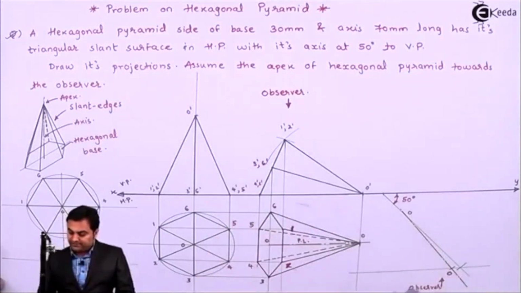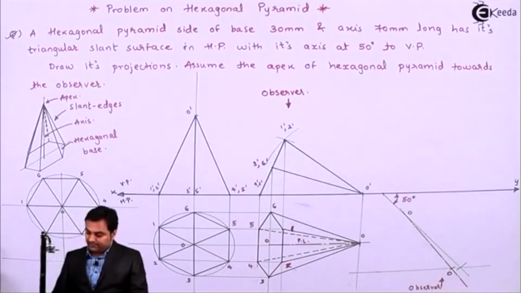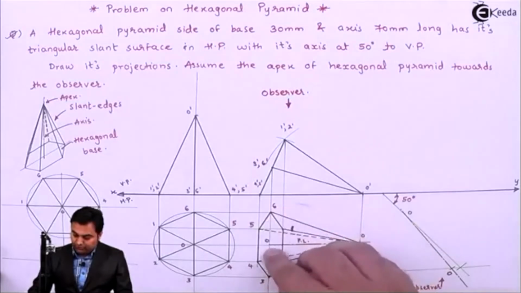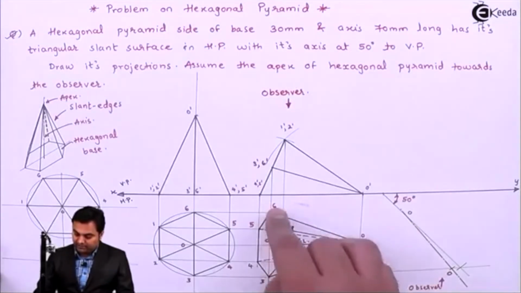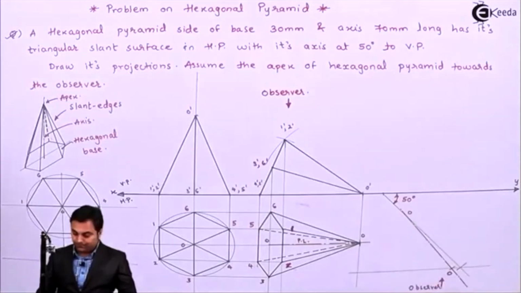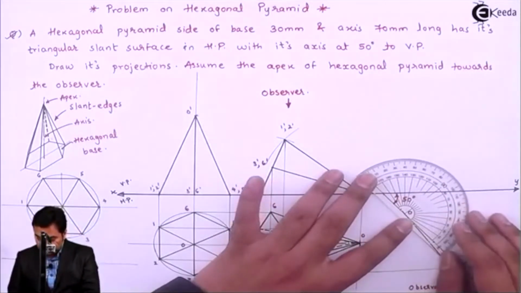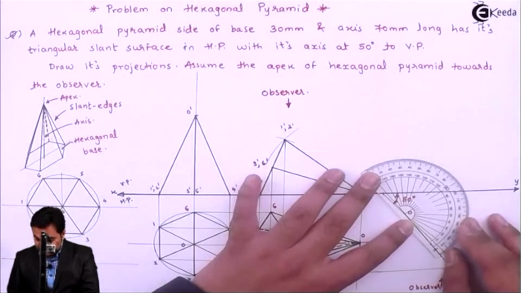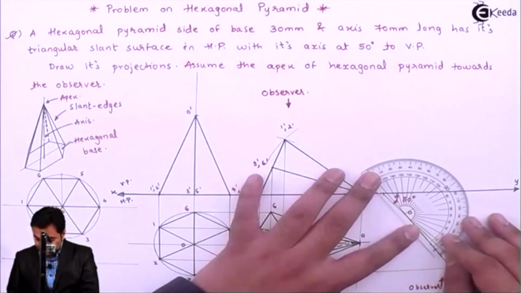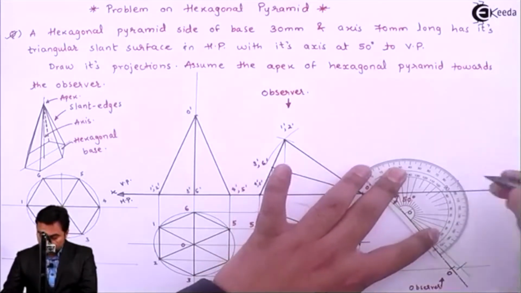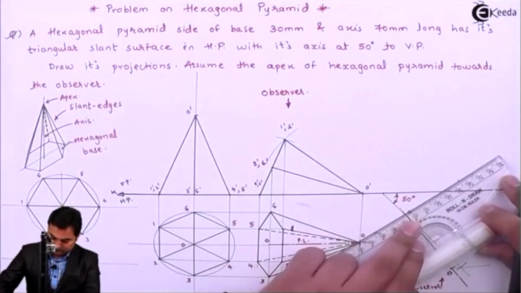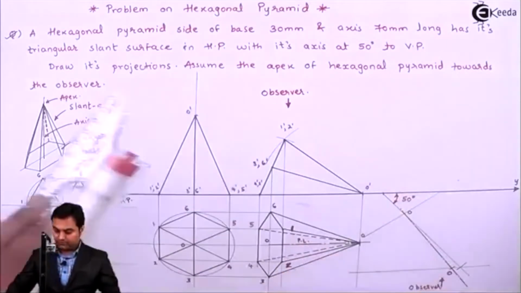Next, I need to copy this entire pyramid here, and for that, first I'll draw a line perpendicular to point O, and on that line I'll mark 3 and 6. So here is point O, keeping the new axis, that is this red line of the axis, as the reference. Measuring 90, drawing a light line through it.